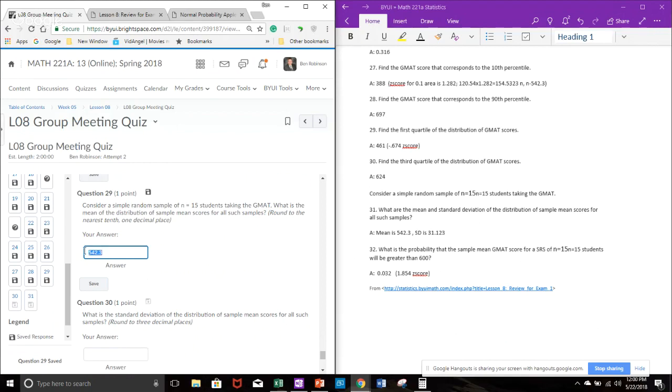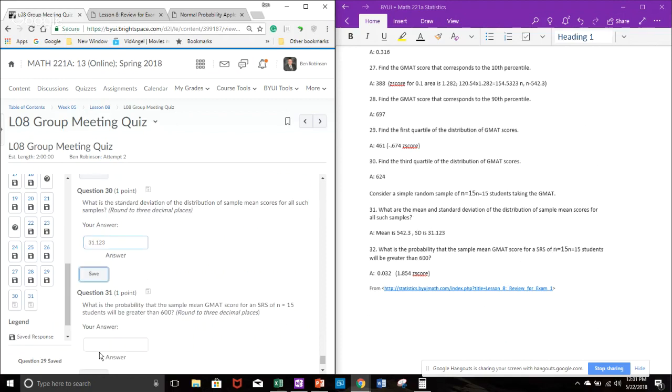I just heard your answer, 31.123, right? We're looking for the sample mean, the mean of the sampling distribution. And you're right for 30, sorry, it's 31.12.